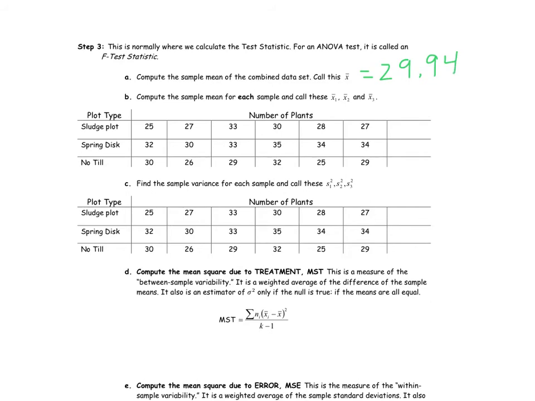And then going back, we did L1, L2, L3. We would actually have to go back and calculate the mean for each plot type using 1-Var Stats again. Okay, so here's the mean number of plants for each plot type.